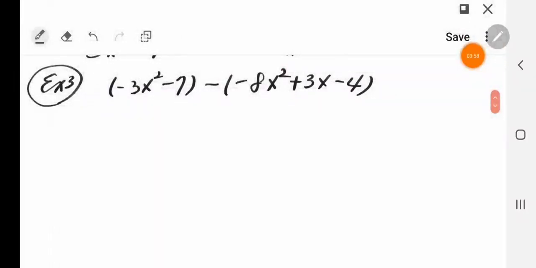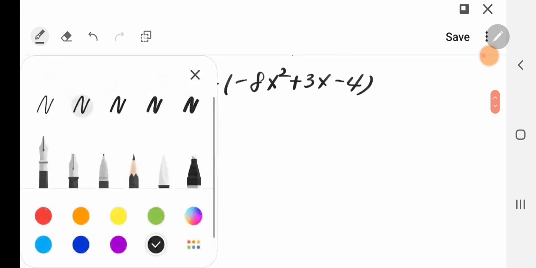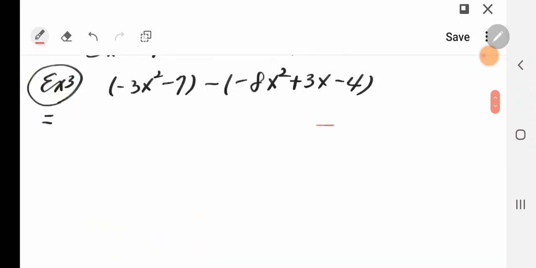Okay, this example is a subtraction. So subtracting a trinomial, polynomial from another polynomial. This is a binomial. So, okay, let's refer to this one. If you have some binomial like negative (2x plus 1), multiplying by negative means the opposite of these two terms.